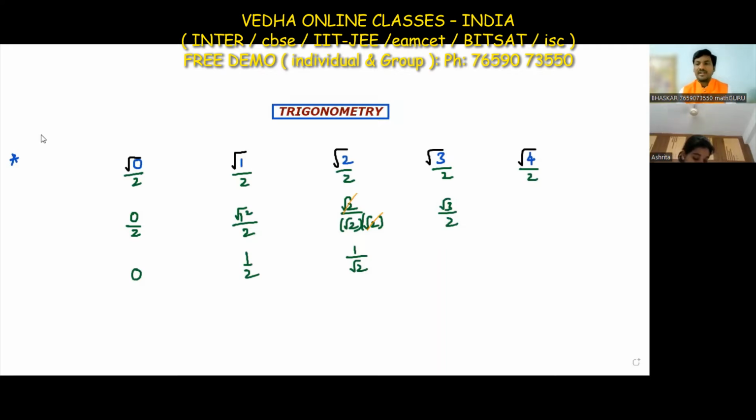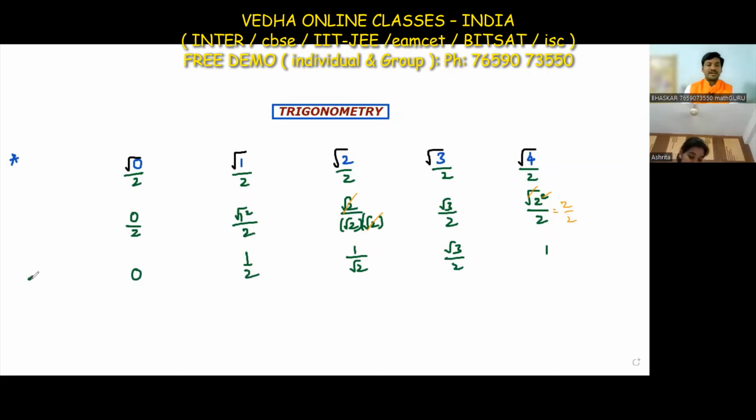Now root 4 by 2. We can write root 4 as root of 2 square, whole divided by 2. Now square and root get cancelled. This is 2 by 2, and 2 by 2 is 1. Here root 3 by 2 as is, and 1.